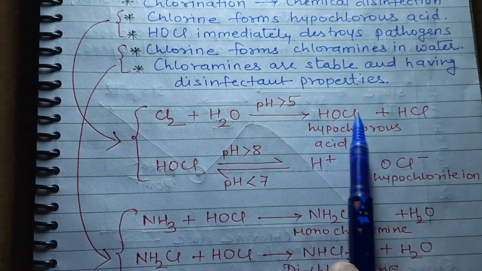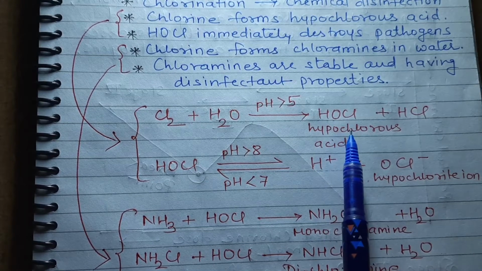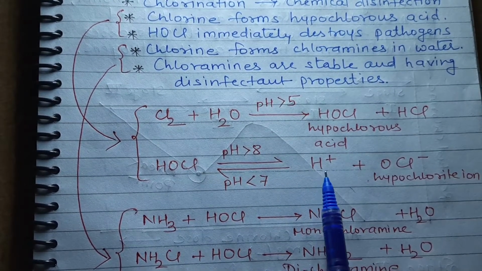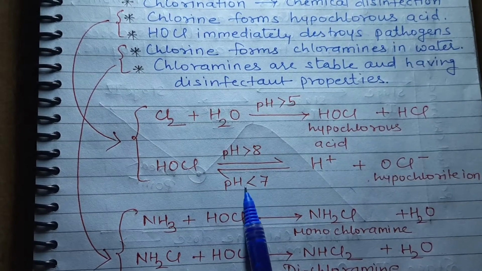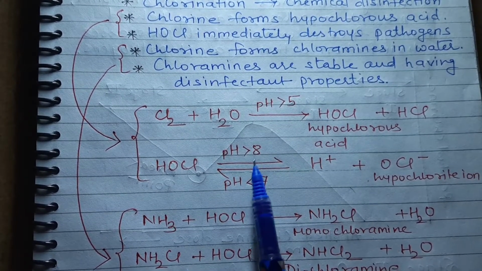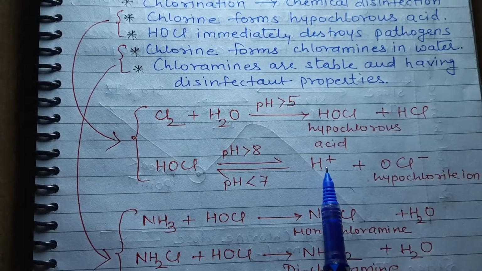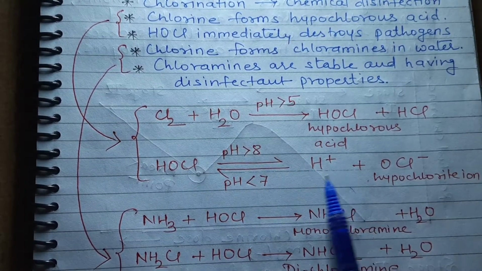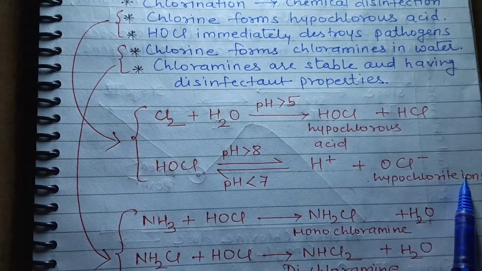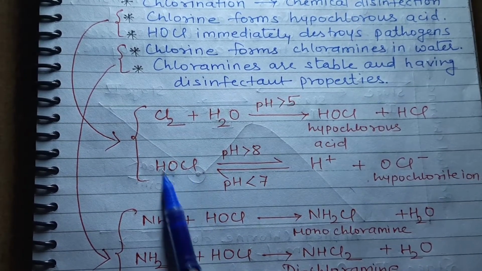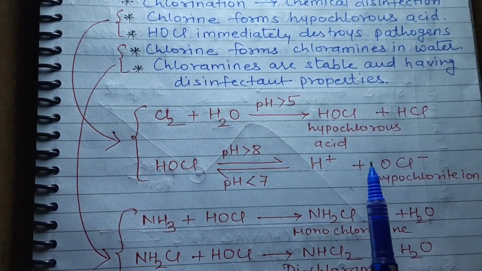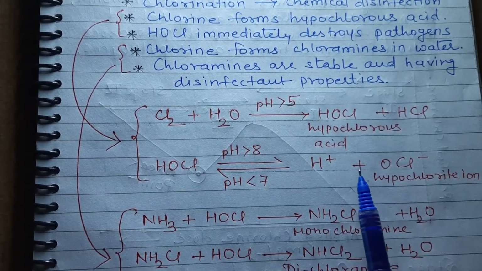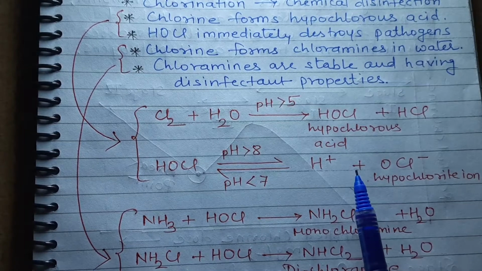Now this hypochlorous acid is actually the entity responsible for the destruction of microorganisms, because when the pH is less than 7, what happens? This hypochlorous acid is dissociated into H plus and hypochlorite ion. Now this HOCl and this hypochlorite ion are both capable of combining with the bacterial membrane and destroying it immediately.